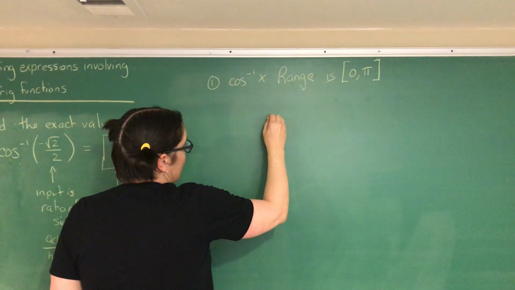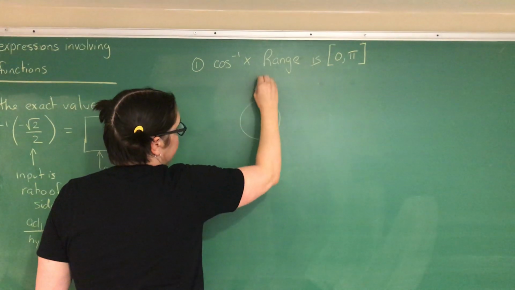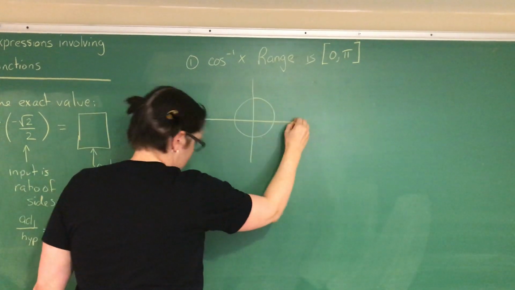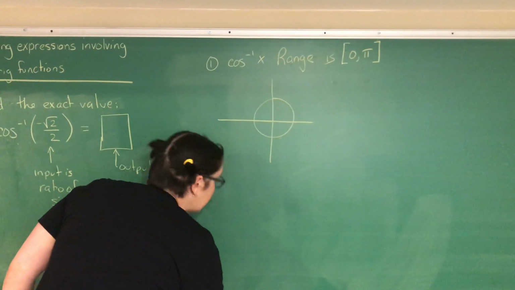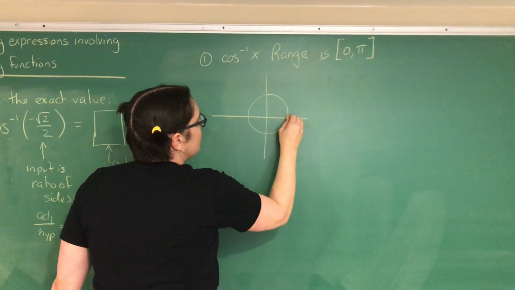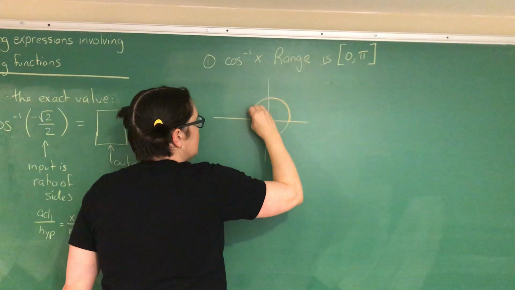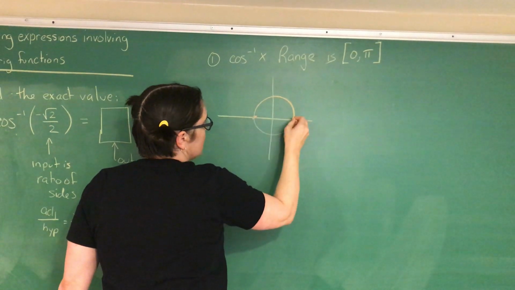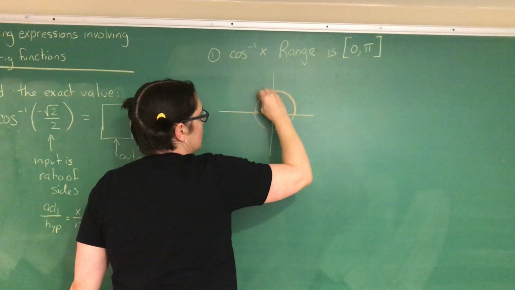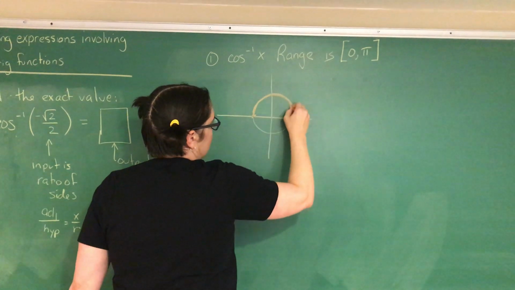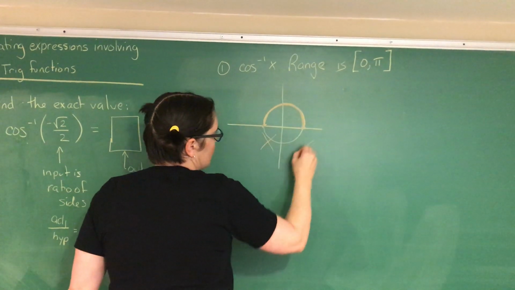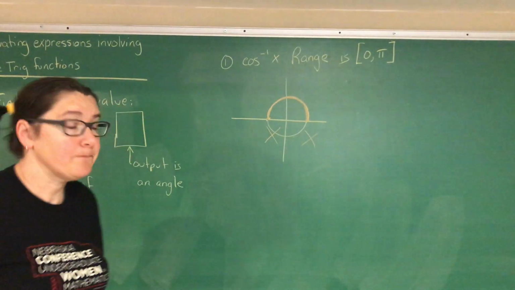Which means in terms of angles that I can choose from, we are allowed to choose angles that start at an angle of 0 and extend to an angle of pi. So we can choose any angle on the top half of this circle. We cannot choose angles in quadrants 3 or 4.